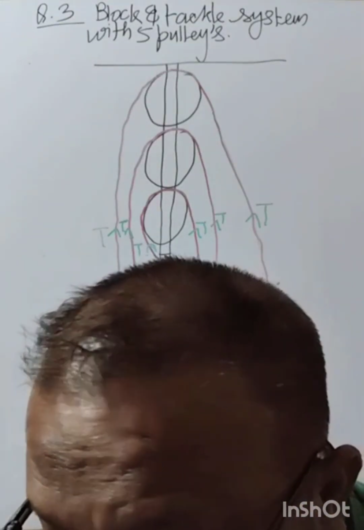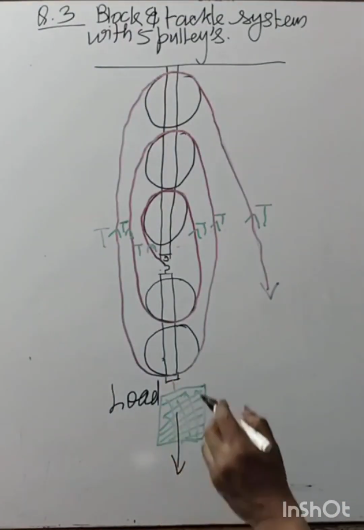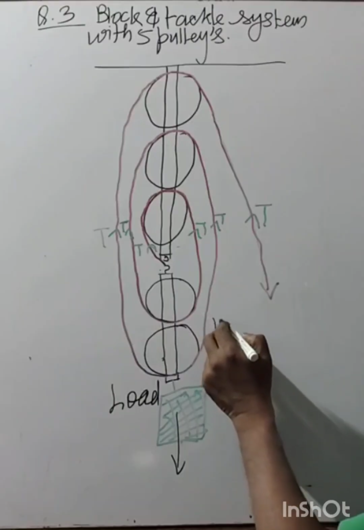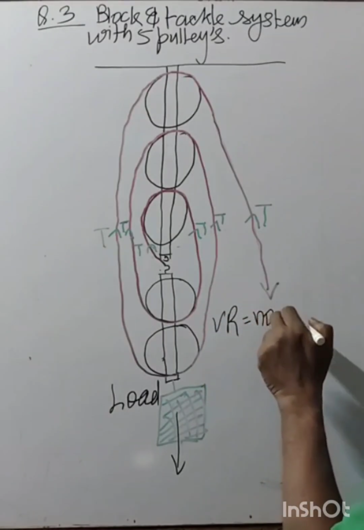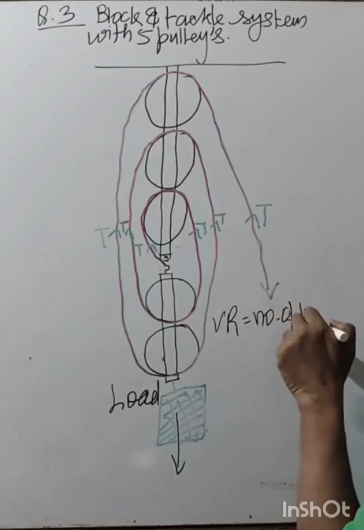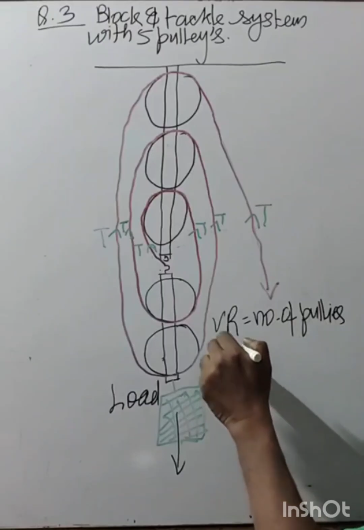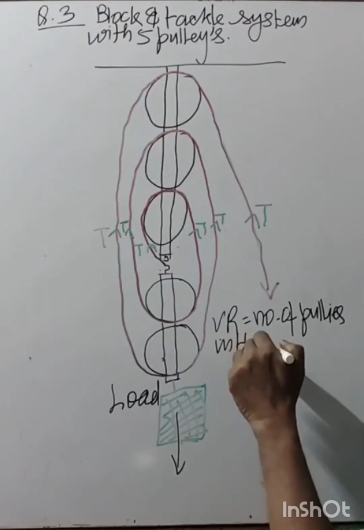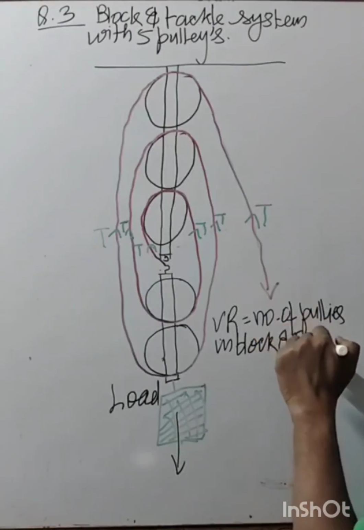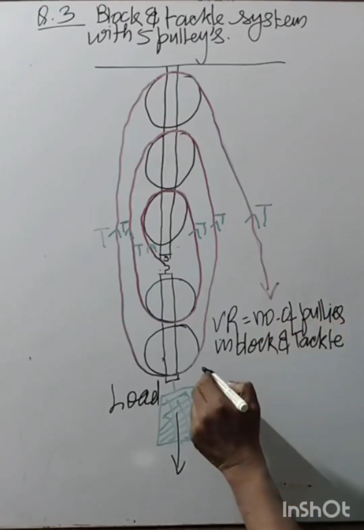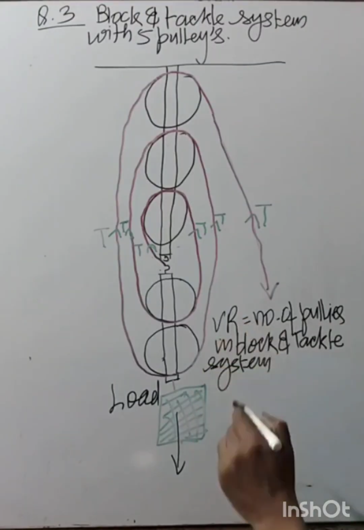Mark the direction of load and effort. Load is always downwards, effort is like that. So velocity ratio is equal to the number of pulleys in the block and tackle system. Right.